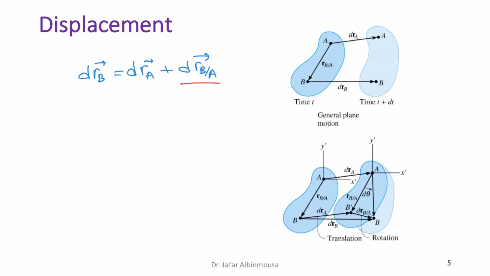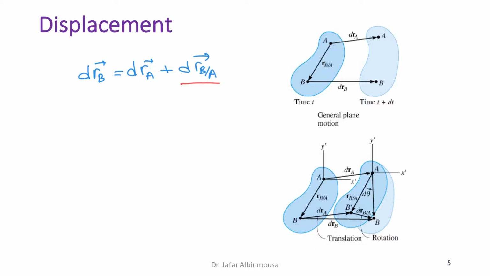But here we have two motions. We have two points in the rigid body, and in general plane motion it is not necessary that these two vectors will be parallel, because the body went through translation and rotation.